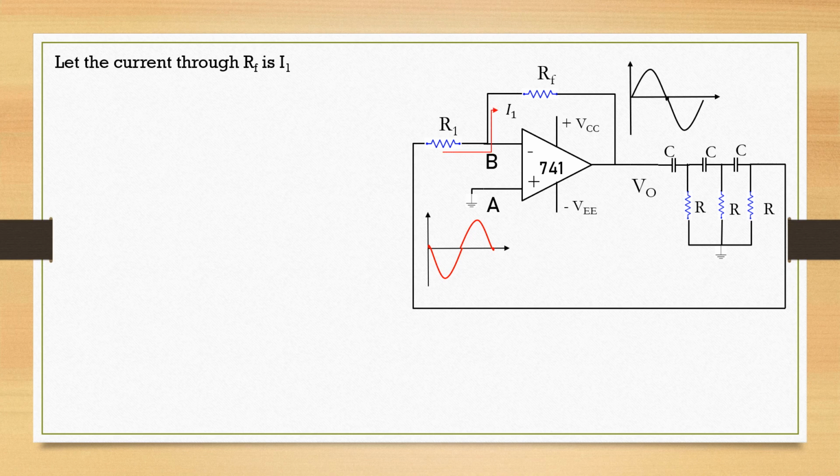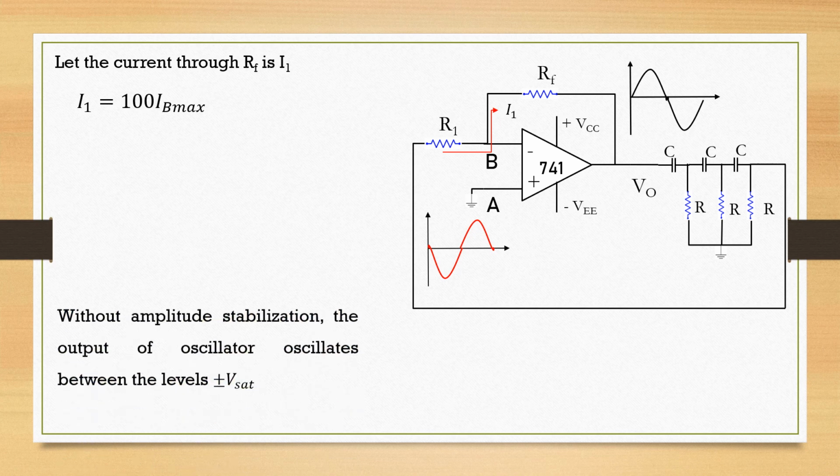The condition we have taken here is that the current entering into the op amp, or input op amp current, is equal to 0. So I1 is equal to 100 times IB max, and we will assume this condition for the 741 op amp. I1 is equal to 100 times IB max, a very small amount of input current if we consider.